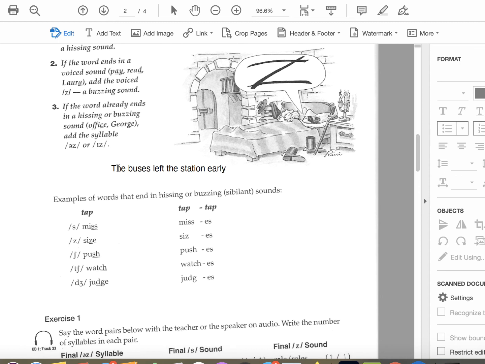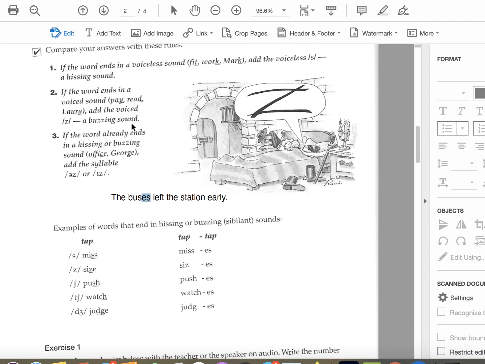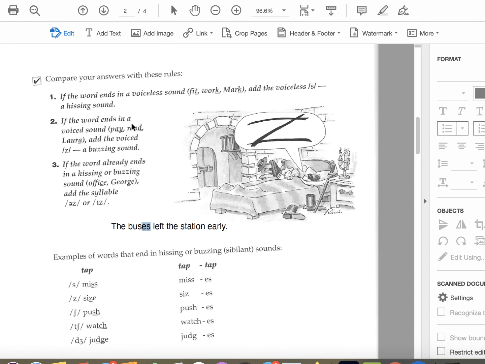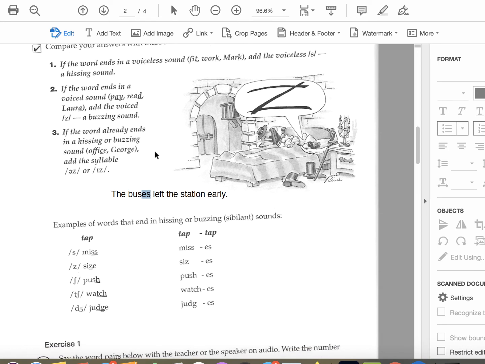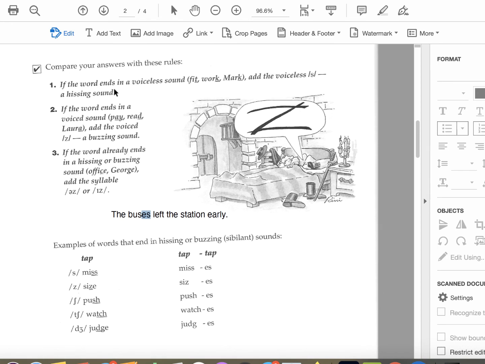Okay, now we have the S for the plural because it says when you add an S ending, we'll go back up here, and if we add the S ending and it makes a hissing sound, it usually says that we just add the voiceless S. But this doesn't make a hissing sound when we say buses. See, it doesn't hiss at all. We don't say buses.